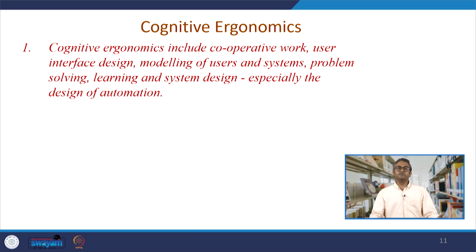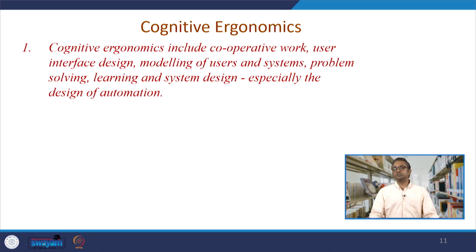When the users are of different types, then the system cannot be one. The system should be modeled according to the user and their need. We also know that users come from different genders and different ages. Accordingly, we have to design a system which can support the need of the user.